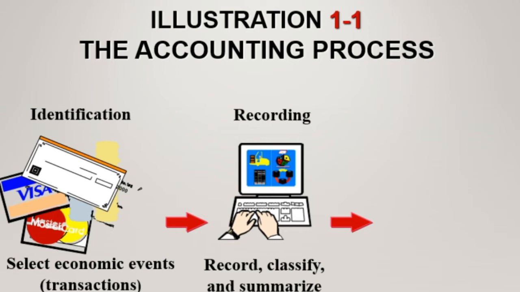Also, the accountants make analysis and interpretation coming from the financial statements, and that will be used by the different types of users, both the internal users and the external users.